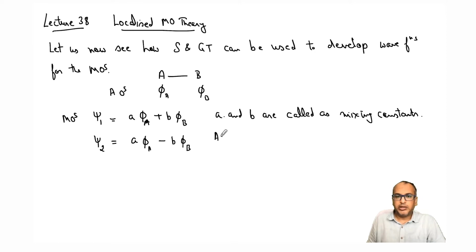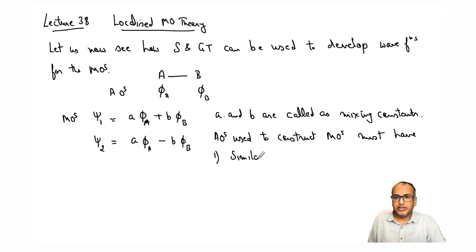Now, atomic orbitals used: not all orbitals of atom A can be combined with all orbitals of atom B. So there are certain criteria for which orbitals can participate in this linear combination approach. So let us list down those criteria. Atomic orbitals used to construct MOs must have, first, similar energies.